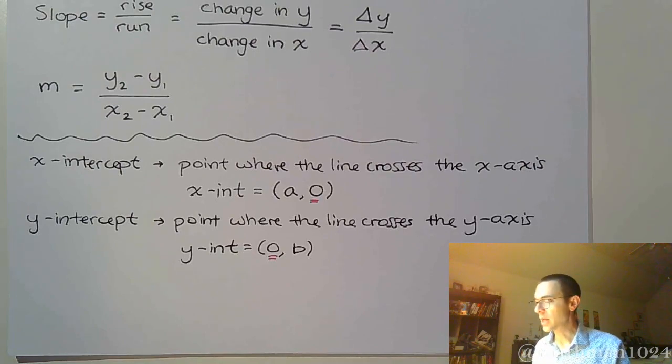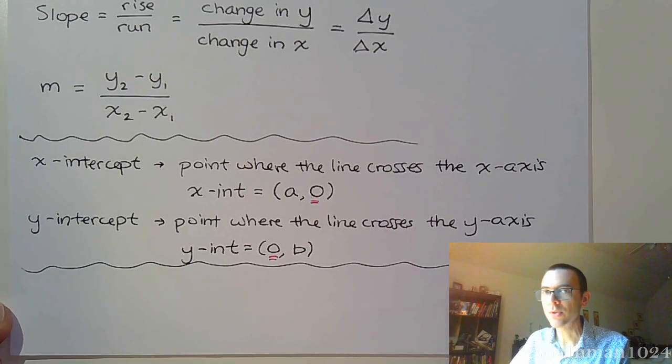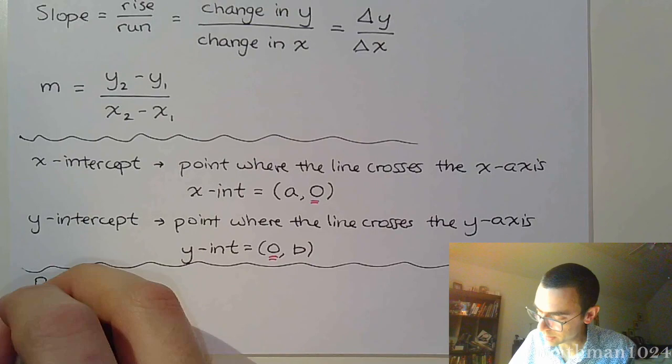There's one last little guy to talk about here. And this is really more important for our discussion tomorrow. Now, a lot of people use this formula a lot. I tend to use it very rarely these days. And that's the point-slope formula.